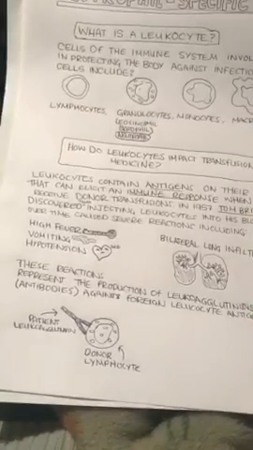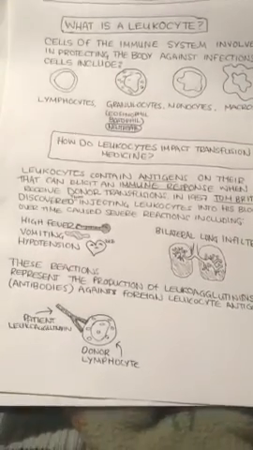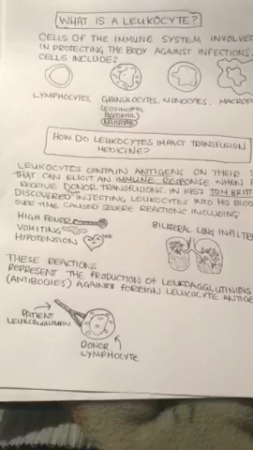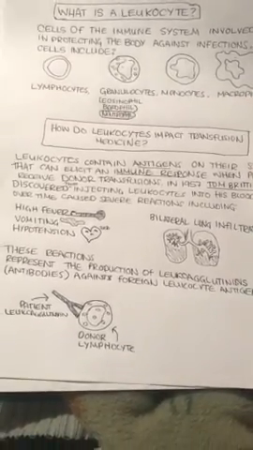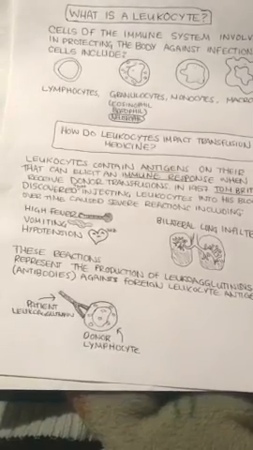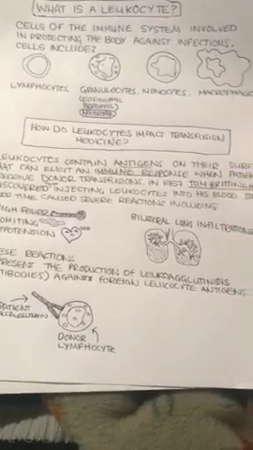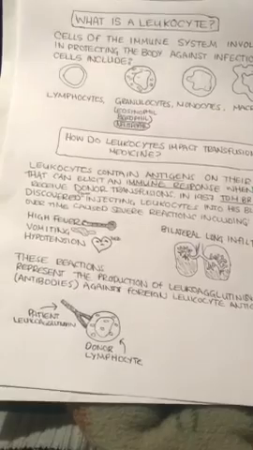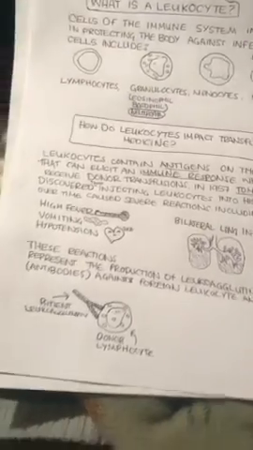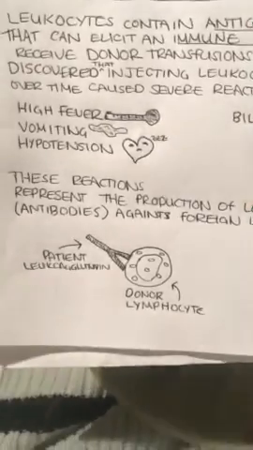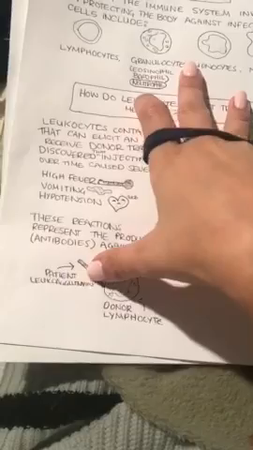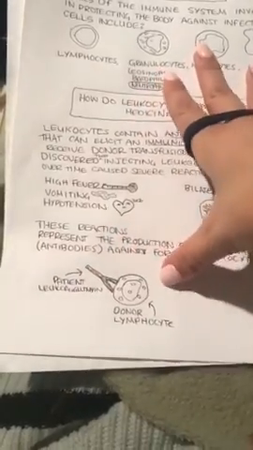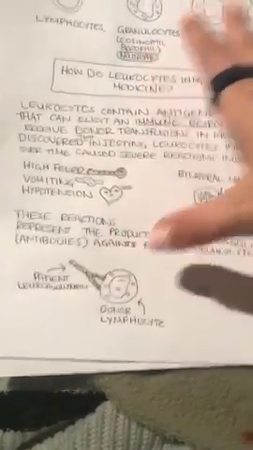Basically, these reactions represented the production of leukoagglutinins, aka antibodies, that he was producing against these foreign leukocytes that he injected into his bloodstream. So I just did a little drawing here. This is Tom Brittingham's leukoagglutinin that he's created against these donor lymphocytes.